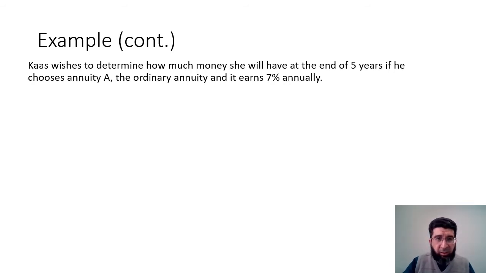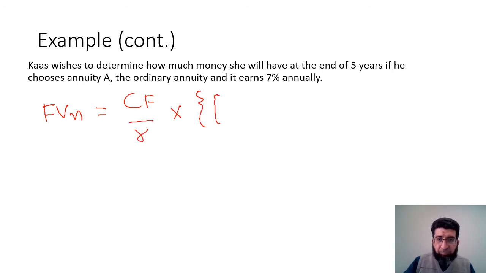So we can use the same formula. We can see that future value n equals cash flow times ((1 plus r) raised to the power n minus 1) over r.